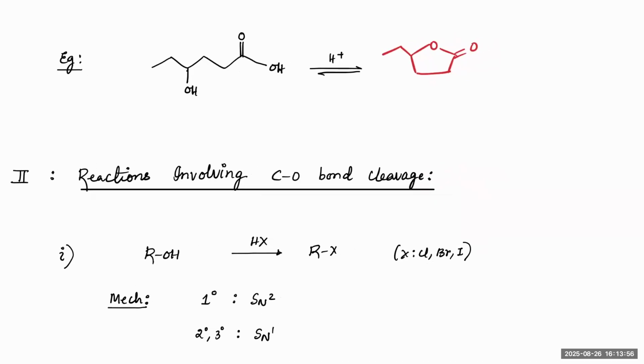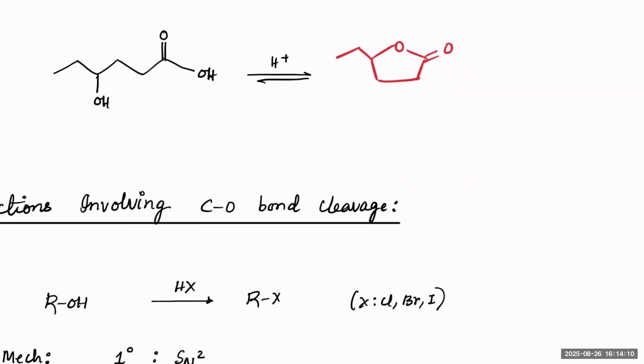Notice, esterification can be observed internally also. That means internally we have an acid and alcohol. In acidic medium, this alcohol can connect here and convert into this ester form. When you get this ester form, the naming will always start from the oxygen end.